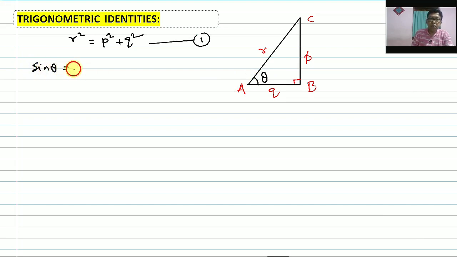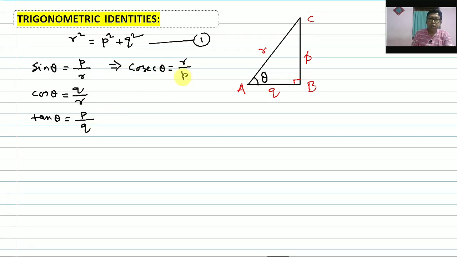Sin theta is equal to P divided by R. Cos theta is equal to Q divided by R, and tan theta is equal to perpendicular divided by base, P upon Q. Their reciprocals are respectively cosec theta equal to R by P, sec theta equal to R by Q, and finally cot theta equal to Q by P. So the 6 basic trigonometric ratios are found.